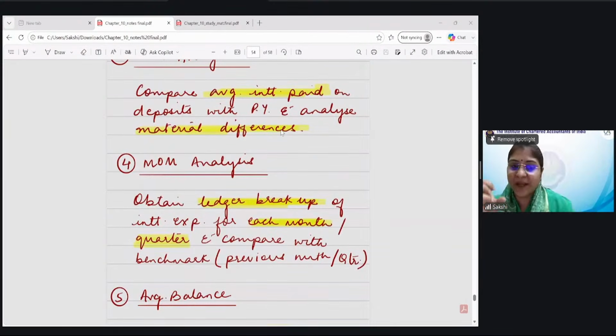So what do you obtain? You obtain the ledger breakup of the interest, like 22 crore compared with 3 crore. So that way, we compare the previous month.